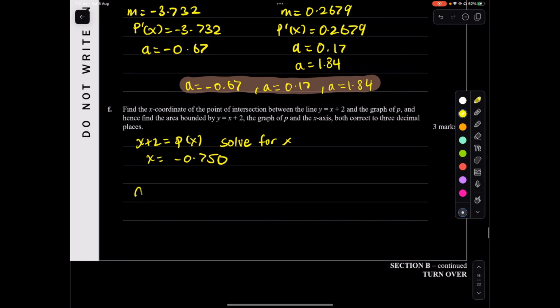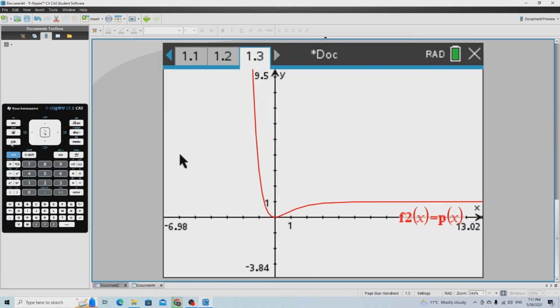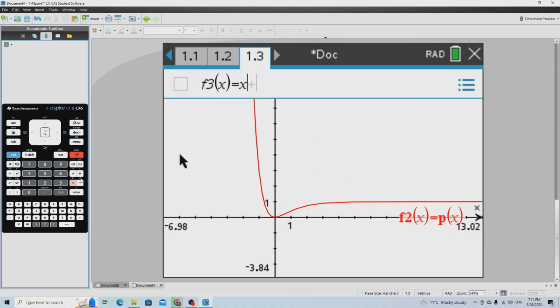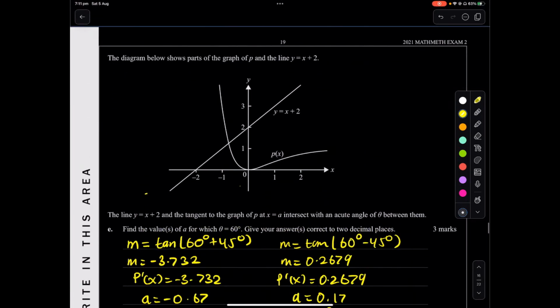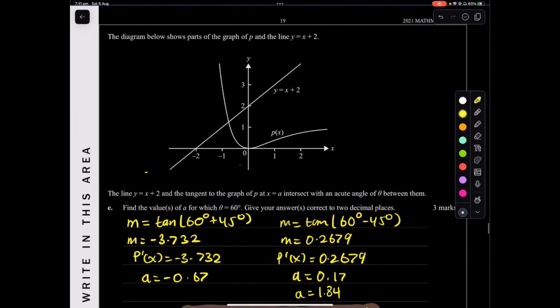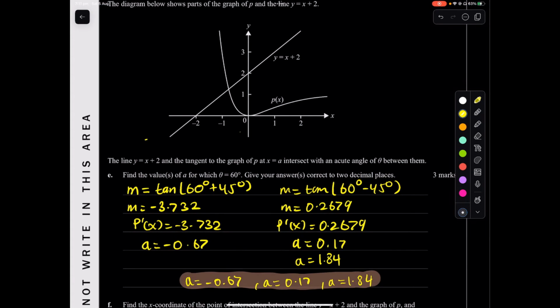So for the area, I have no idea how these graphs look. Wait, I have the graph over here, actually. So the x-axis is over here, and we want this area over here.